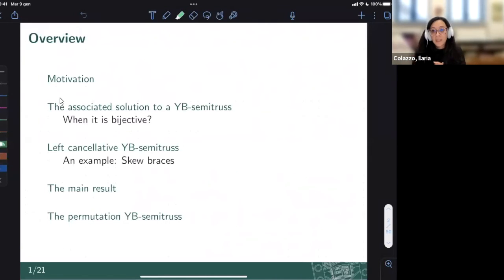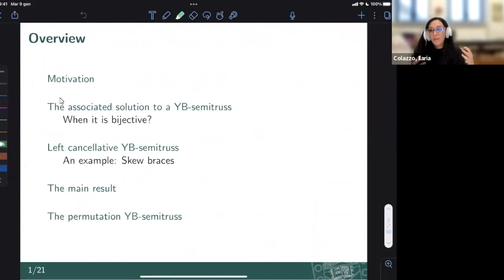In this case, proving that a structure is a YB-semitruss will be easier. We will see that skew braces are examples of YB-semitrusses that are left cancellative. I will also present an example of a left cancellative YB-semitruss in which the multiplicative structure is not a group. So they really are not only skew braces.